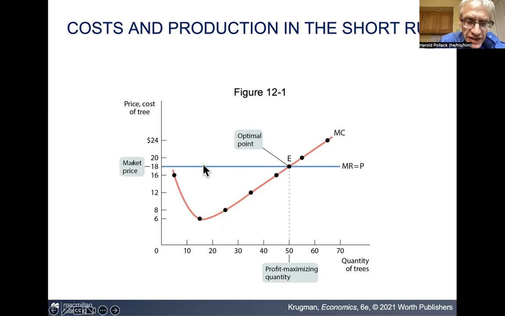I sold it for 18, so I made 12 on this one. This one cost me $8 and I sold it for 18. I made 10 on this one, and I sort of add up, and it turns out the area in here is what I get if I just add up all the producer surplus I'm getting from each of the ones that I'm selling here. Or the profit I'm getting from each of the ones that I'm selling here, because I actually have the fixed cost built in.